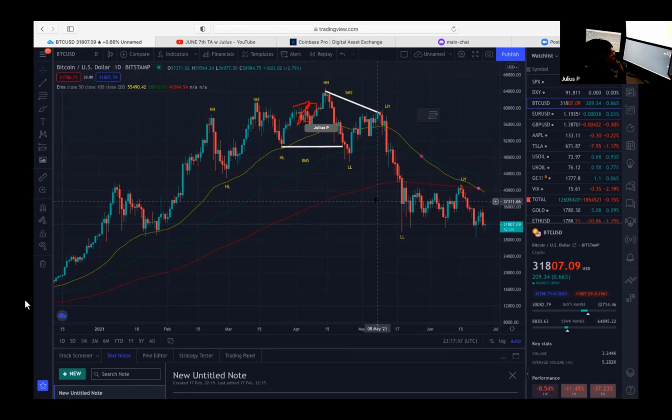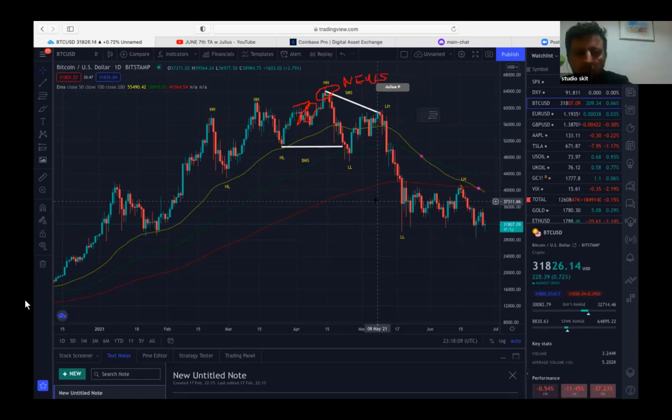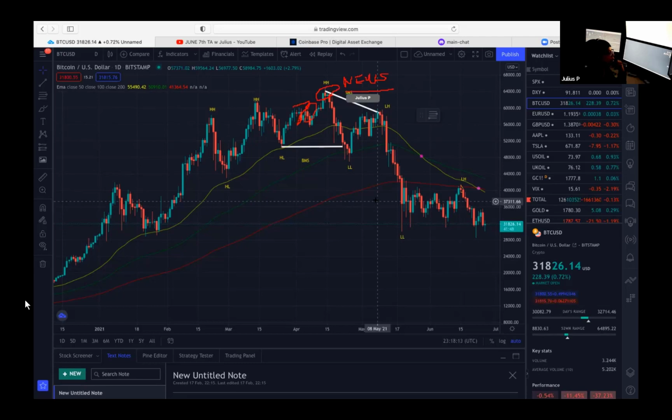Some whale institution, or in reality, it's a combination of news, right? Probably Elon Musk, I don't even remember. News, because the market maker moves and uses news to his advantage. The news could be positive, but the market maker drops the price.